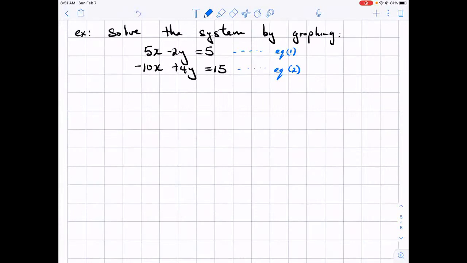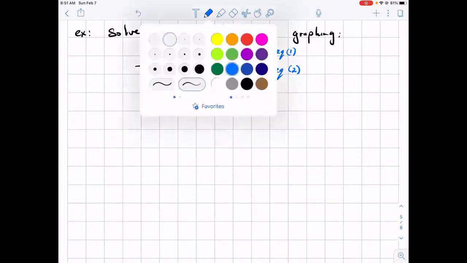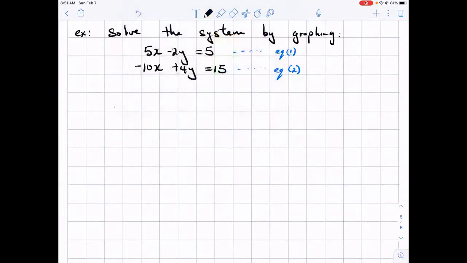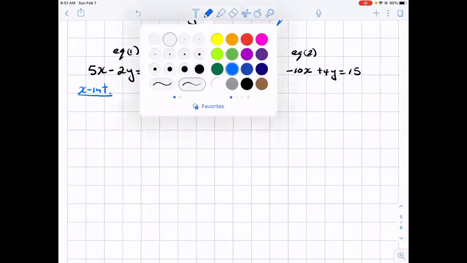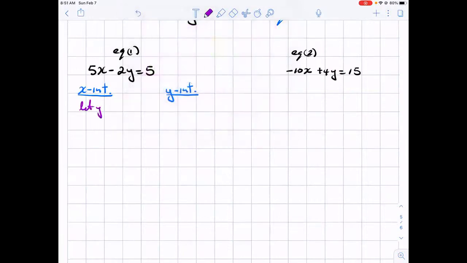So let's find the points first in the graph. For equation 1, we have 5x minus 2y is equal to 5. And equation 2, we know, is minus 10x plus 4y equals 15. So let's find the x- and y-intercept for both of them. Remember, for x-intercept, let y equal 0.